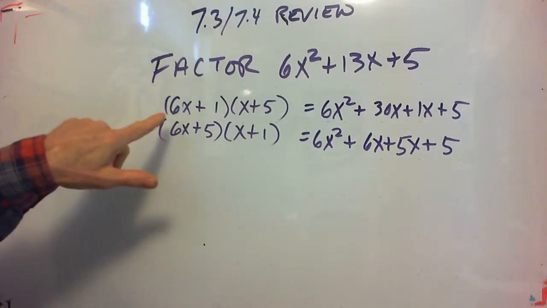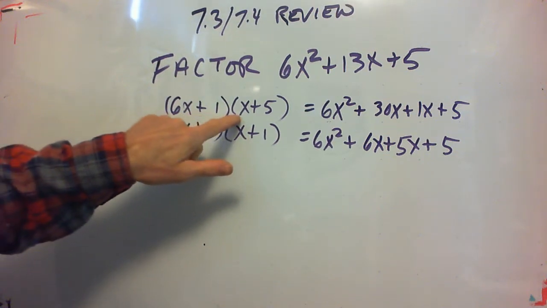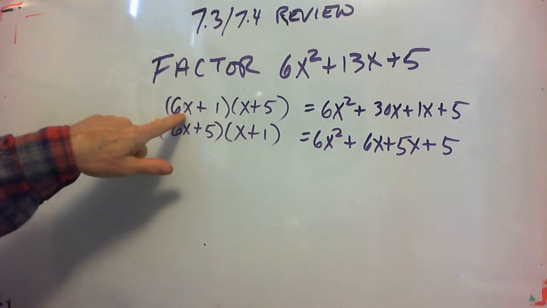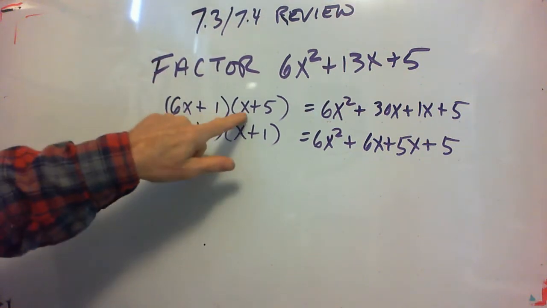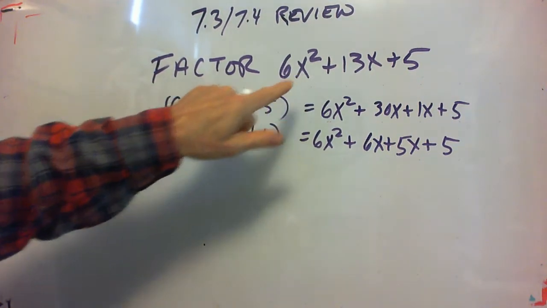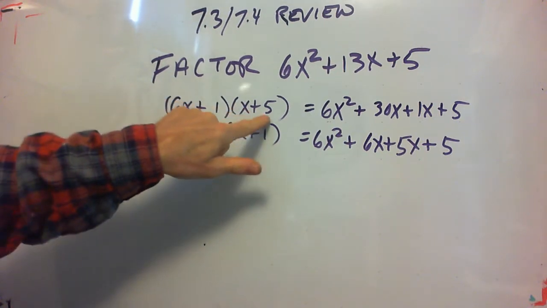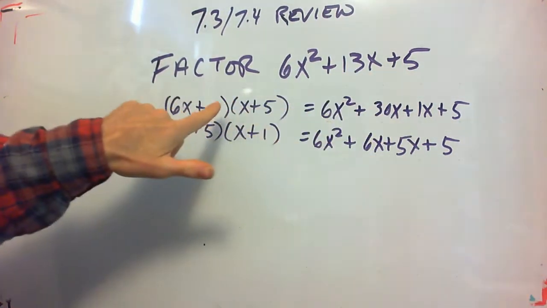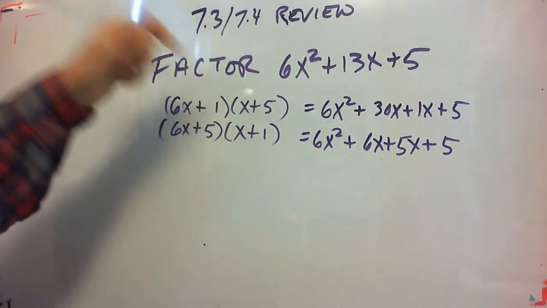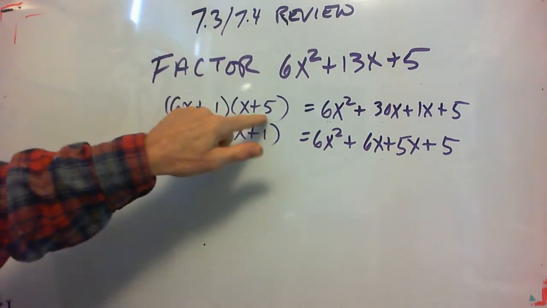So we start with possible factorizations that start out 6x plus something, x plus something. So we have 6x and x. They're going to multiply out to the 6x squared. And then we have two numbers that multiply to give the last product, 5. The only two are 1 and 5.